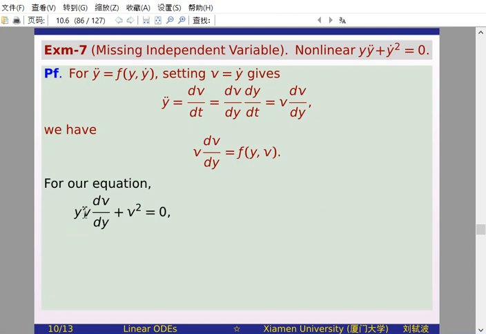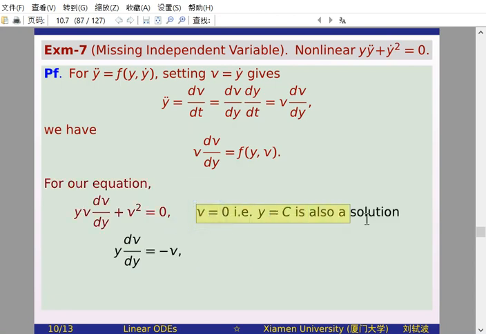So the case v equal to 0 needs to be considered separately. So we assume that v is not 0, then we can cancel the v to simplify the equation into y dv dy equals minus v. This is separable. Therefore, it is easy to solve to get v equals C1 over y.